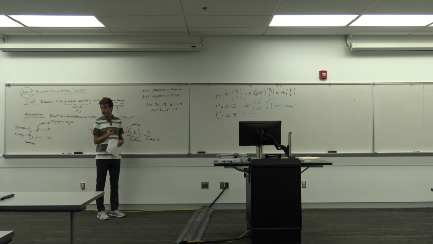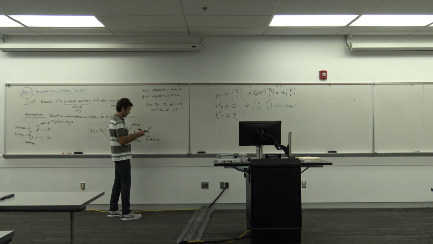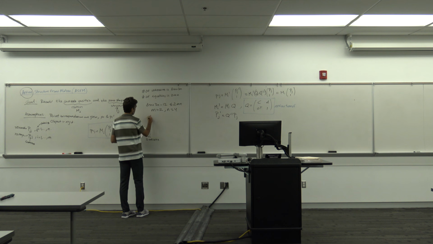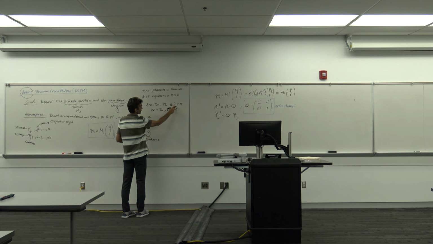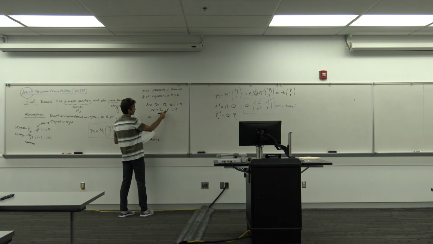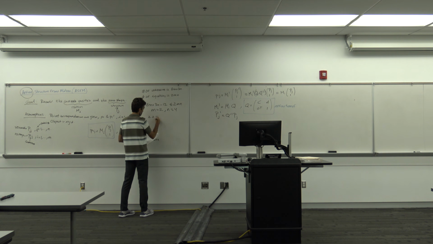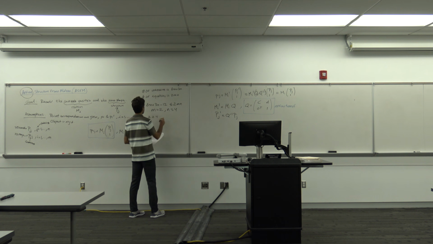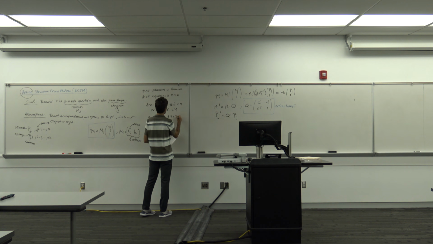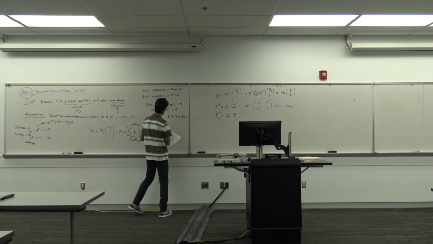Can I solve it? Let's see. So let me run the numbers. So I have 2 times 2 times 4, and on the other side, I have 8 times 2 plus 3 times 4 minus 12.